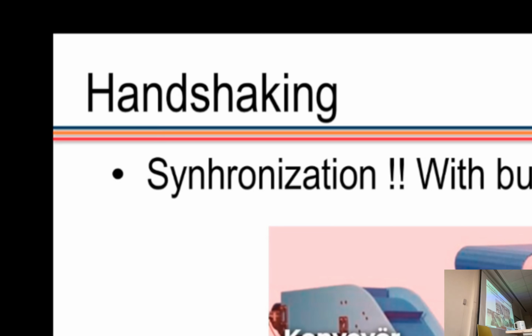Another example. Things keep coming. You keep putting it, the other guy is taking it. But since there is a line here, it sometimes allows you to be a little bit asynchronous.